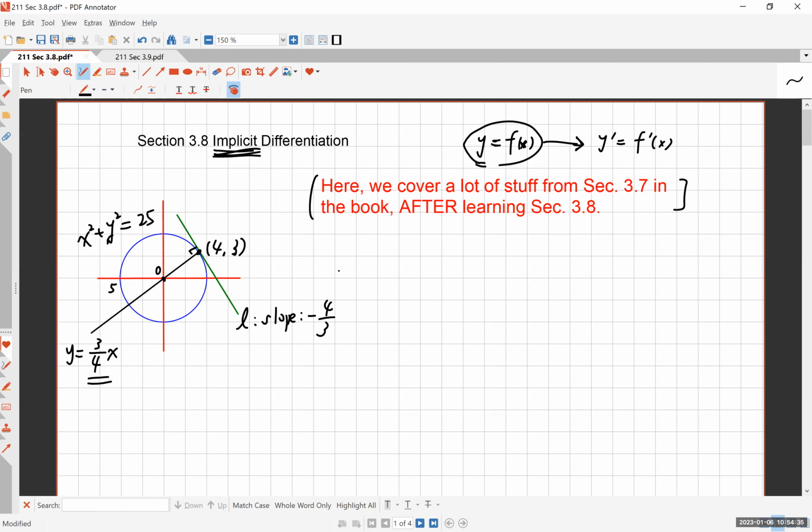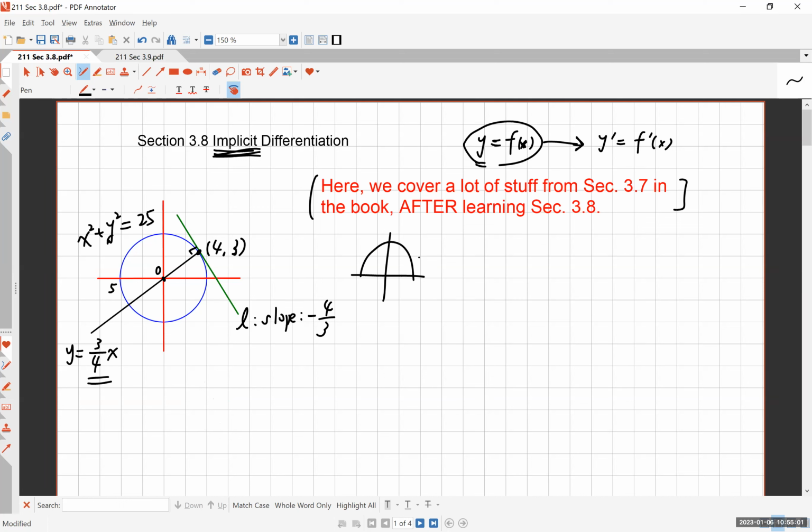Or you can think of it this way: the circle itself is not a function in terms of x, because it doesn't pass the vertical line test. For x equal to 4, you have 2 points on the circle, namely negative 3 and positive 3. So it's not a function, but we can make this into a function just by taking the upper half.